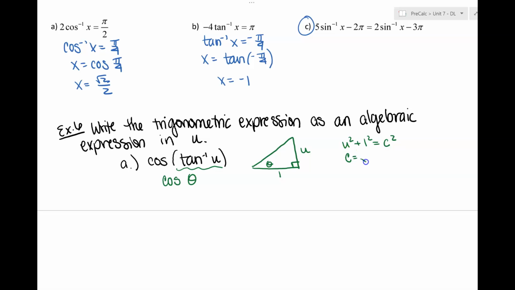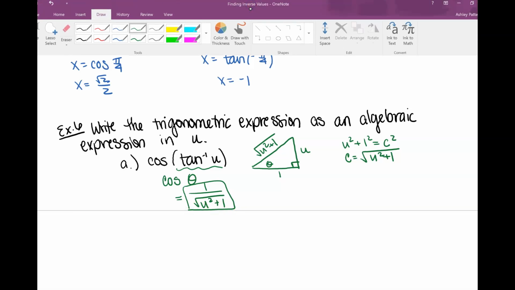So our hypotenuse is just the square root of u squared plus 1. Yes, it's that simple, and you thought it was scary. Then the cosine is adjacent over hypotenuse, so it's 1 over the square root of u squared plus 1, and I'm not going to make you rationalize. Very straightforward.